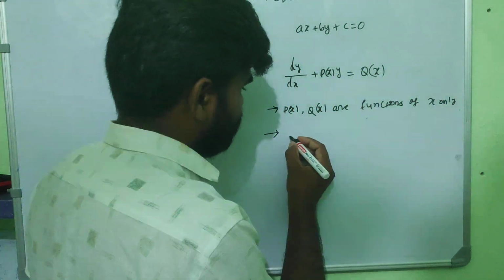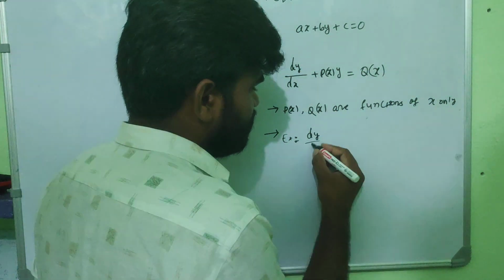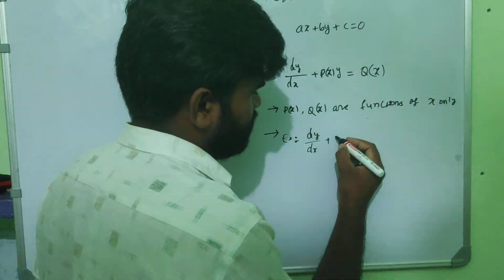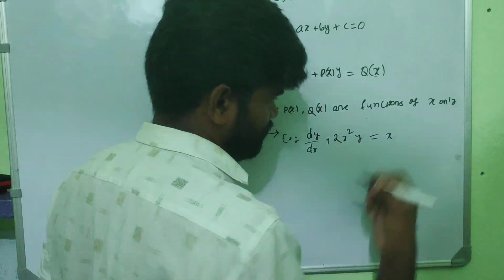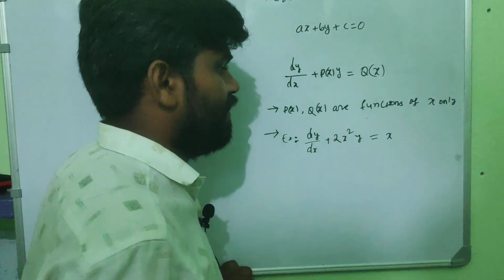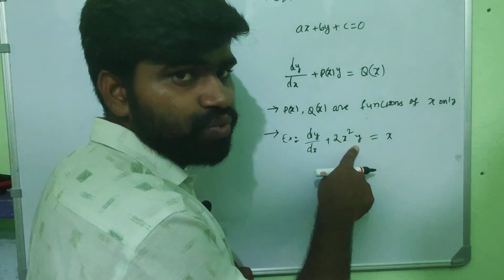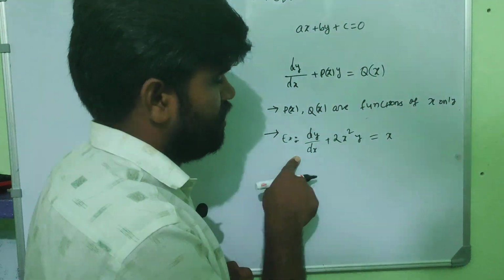For example, dy by dx plus 2x square y is equal to x. Can I say this is a linear differential equation? Yes. Why? The degree of the dependent variable is 1 and the degree of the derivative of the dependent variable is also 1.